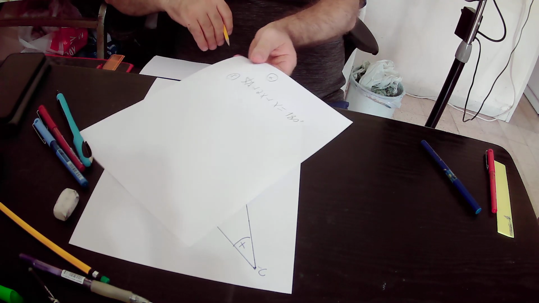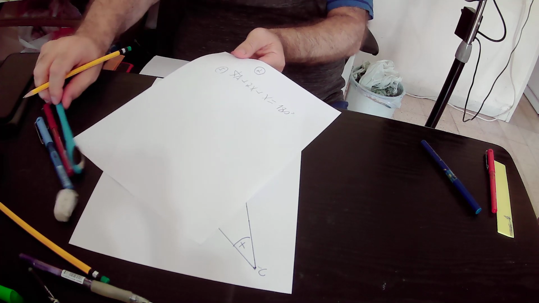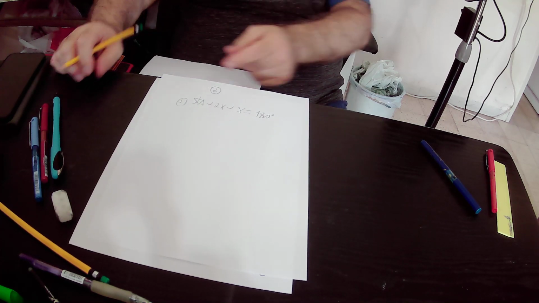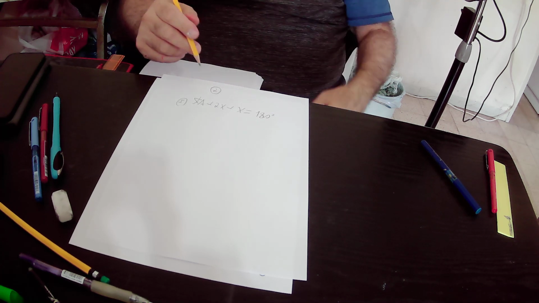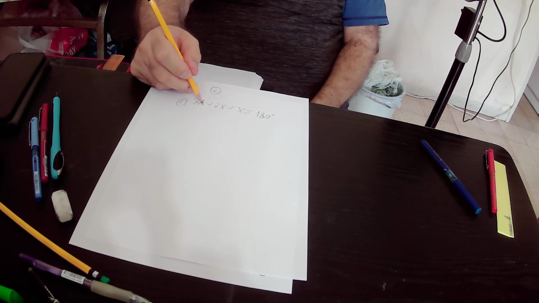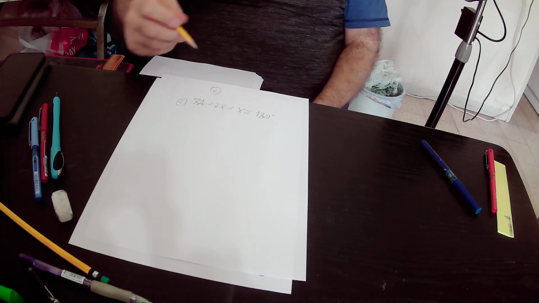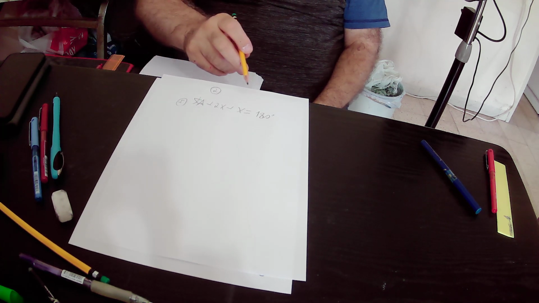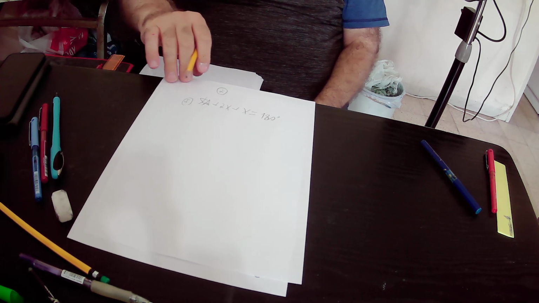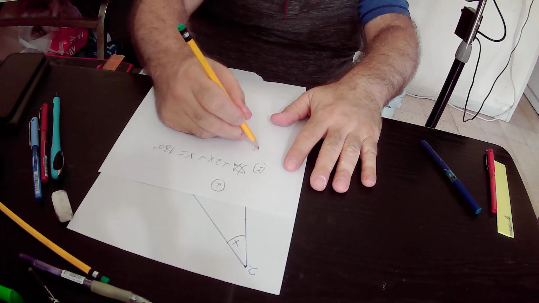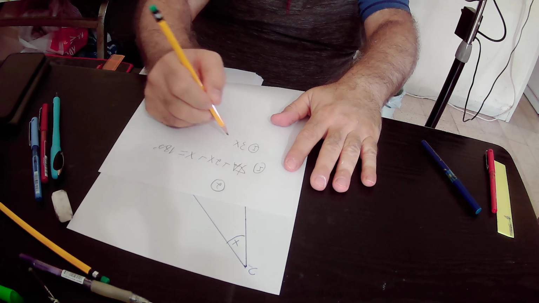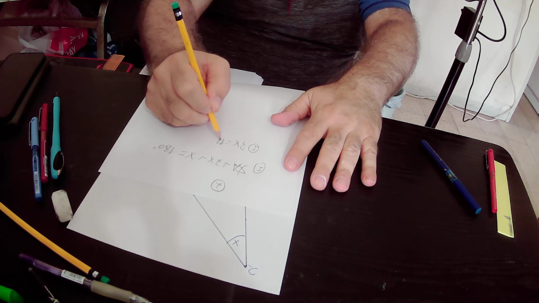So equation number 1 states that the sum of the angles in our triangle ABC equals 180 degrees. Here 2x plus x is 3x, so I write it down that 3x equals 180 degrees.